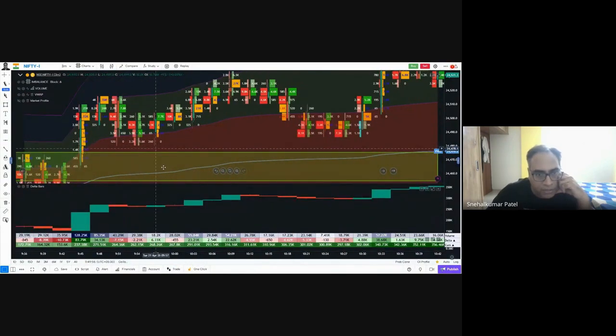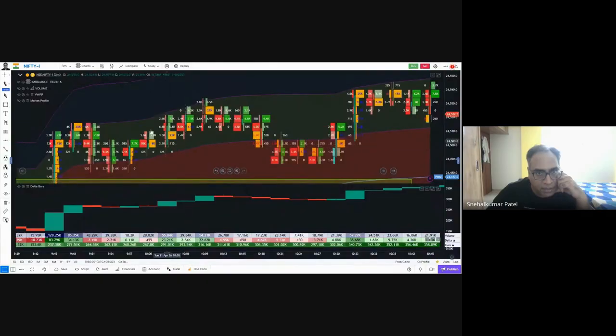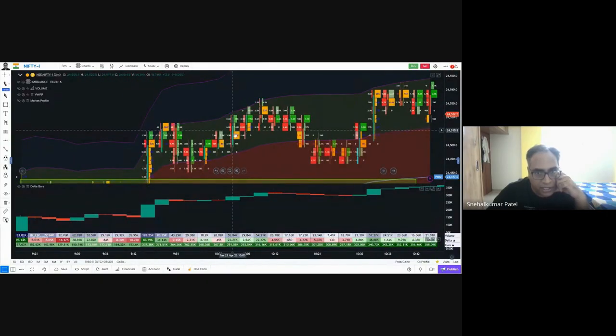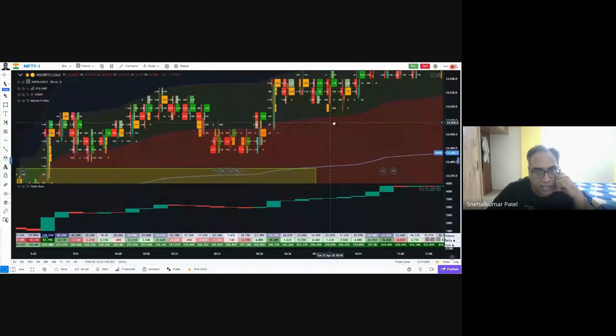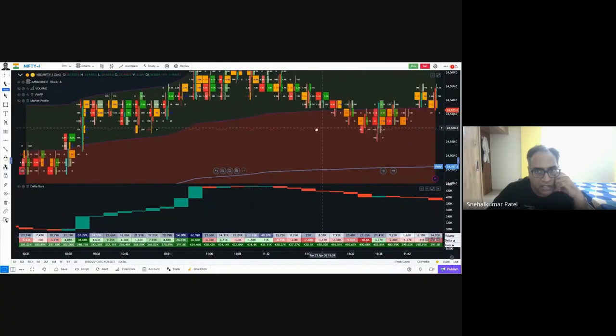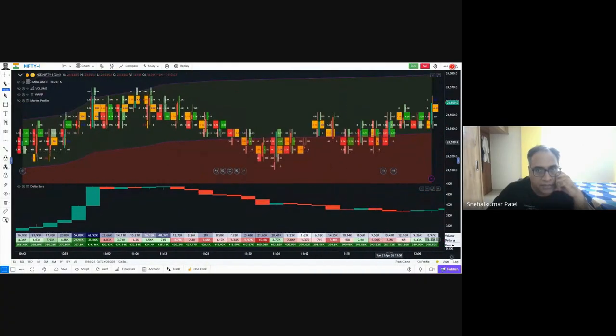If we see a positive delta, for example this candle, there was a slight pullback, and then again the price tried to sustain. And here we can see significant delta again, which was positive. So this is a breakout trade. Here also, if we had taken a trade with a stop loss below, for example, the low of this candle, then we can see the price has moved significantly more on that day.